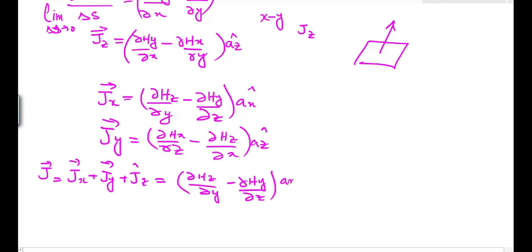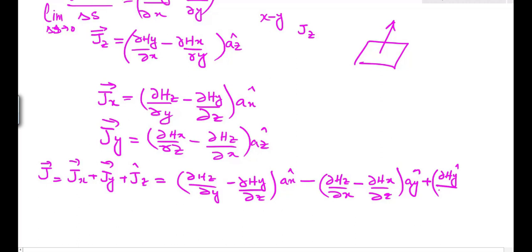Similarly, I can rearrange this as partial Hz over partial x minus partial Hx over partial z, taking the minus common, along the y direction. And the z component we have obtained is partial Hy over partial x minus partial Hx over partial y, along the z direction.